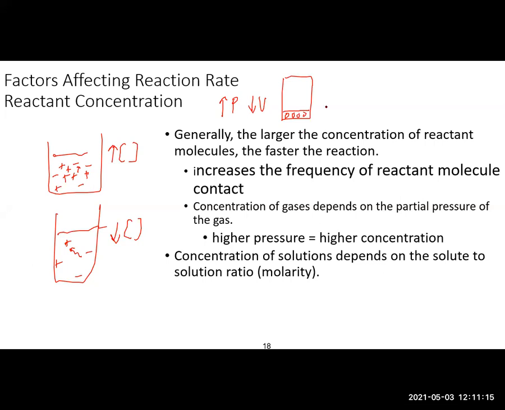If you decrease the pressure, that usually implies the volume is increasing, which gives everybody more room to spread out. It's going to take a little longer for collisions to occur, and the rate of the reaction would slow compared to the one with the higher pressure. Any questions on that?